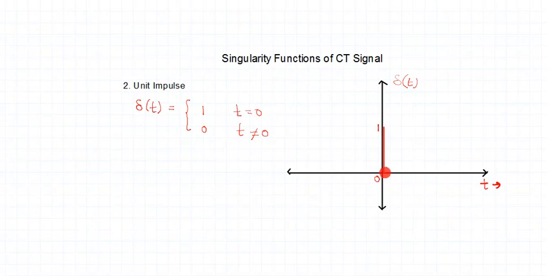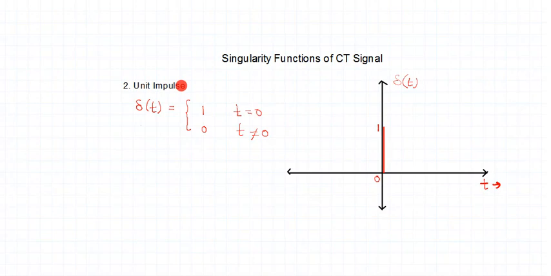So when I sketch the signal it is like this. It is existing only for the 0th time instant with a magnitude of 1, right? Everywhere else it is 0, and that's why the name impulse. What do we understand by the word impulse? Impulse is something which comes and goes away within fraction of seconds, right?